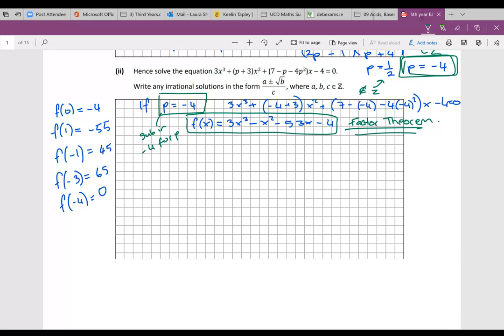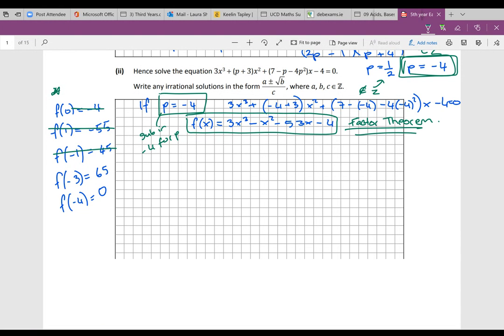First, I'm going to make an educated guess at one of the roots or factors. The first thing I'm going to sub in is f(0), and I get 4, so that's not one. f(1) gets me minus 55, so that's not a root, sorry.